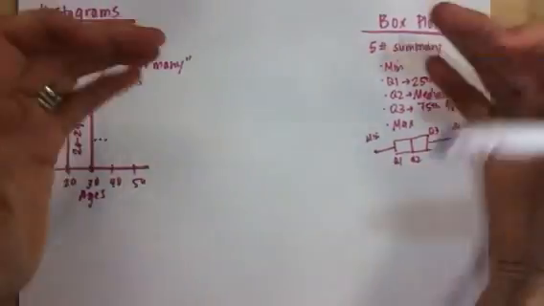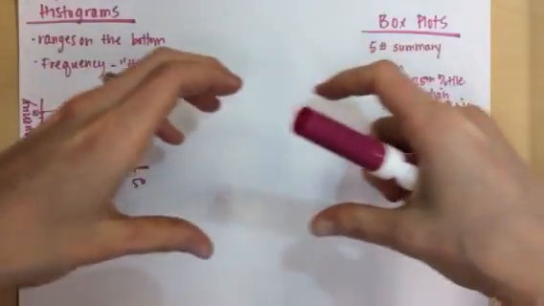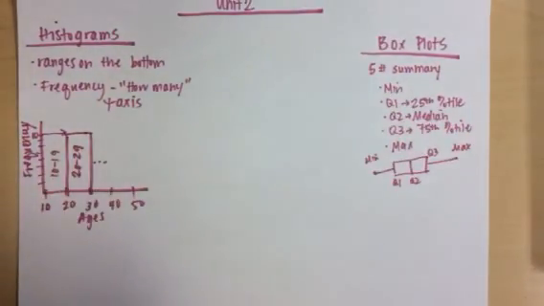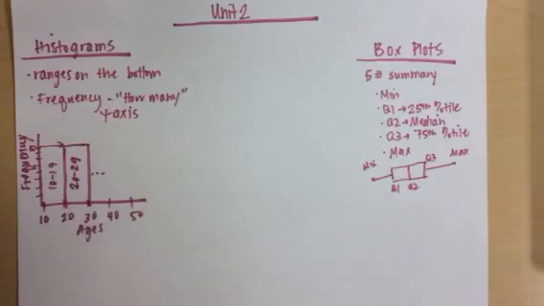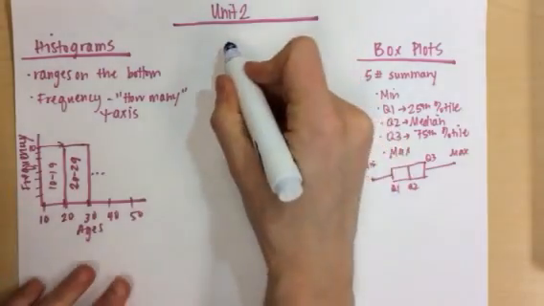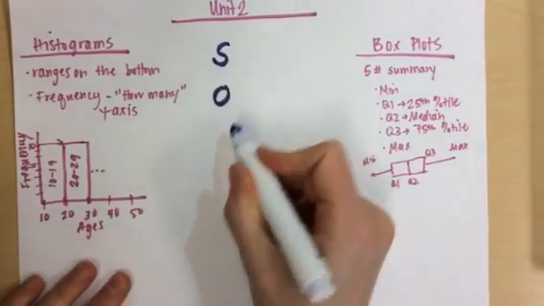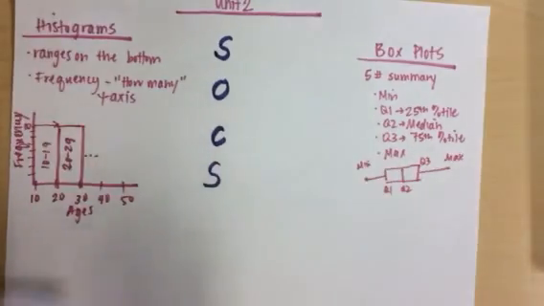Let's blend these two things together. We used a couple of different things to explain or summarize the distributions, and what we actually used was SOCS. Remember, we have shape.